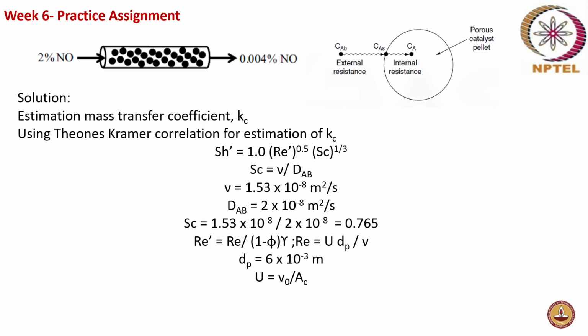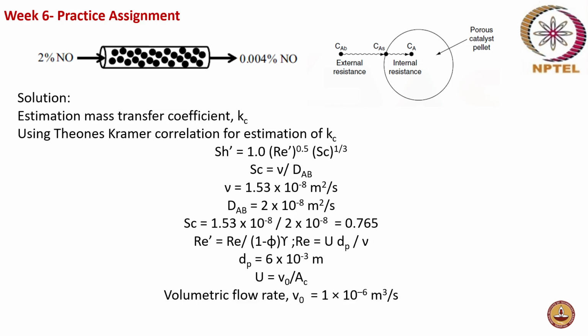We do not have the value for the superficial velocity. So how do we determine it? The superficial velocity can be determined if we have the volumetric flow rate and the area of cross section of the reactor. Have they given the volumetric flow rate in the question?